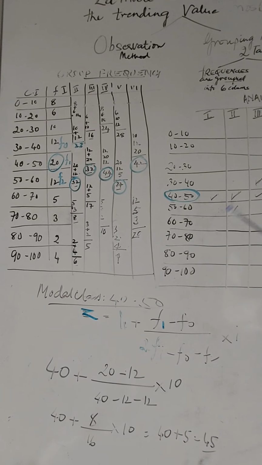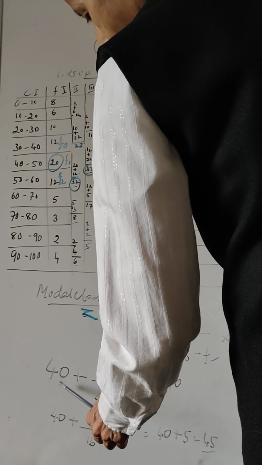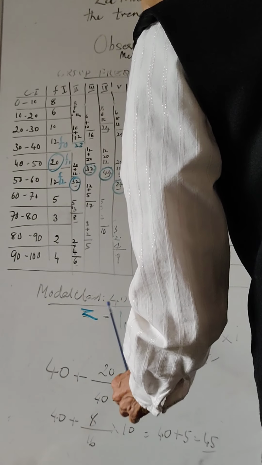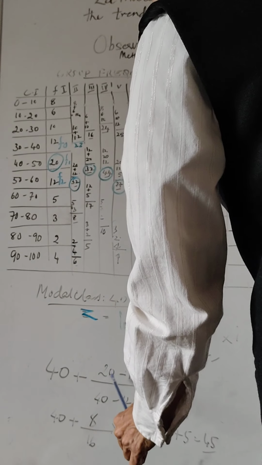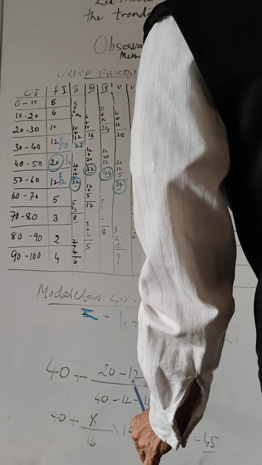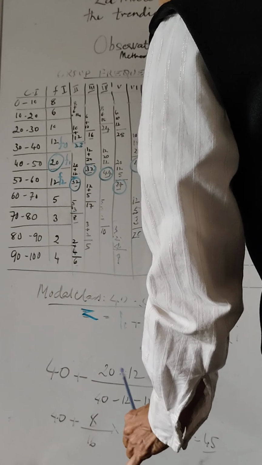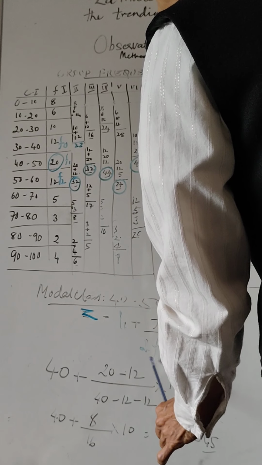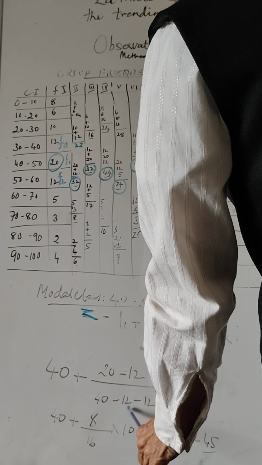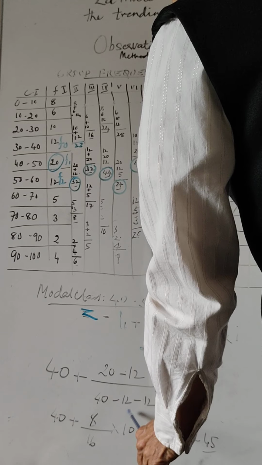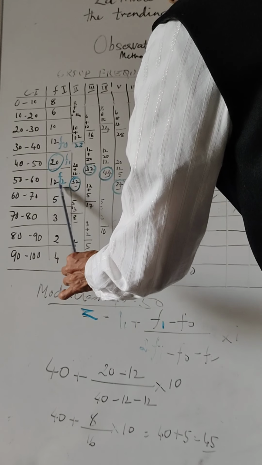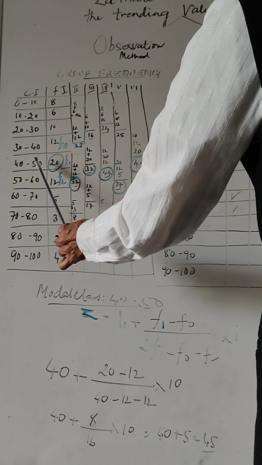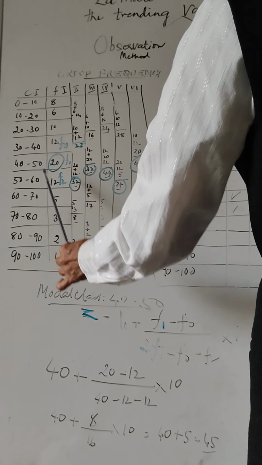So let's just write it down. Lower limit is 40, plus modal class frequency 20 minus 12 coming before, divided by 2 into 20 is 40, minus 12, that is F0, minus 12, that is F2 coming after, into class interval, 50 minus 40, the difference between the two is 10.